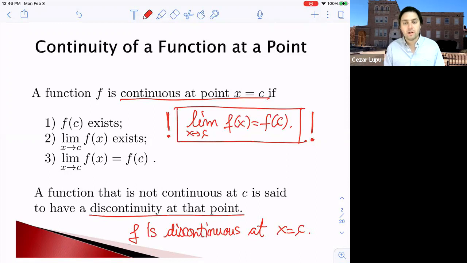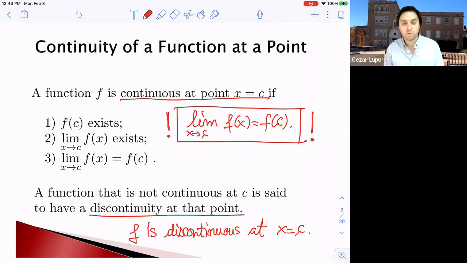So once again, for example, if you want to prove continuity over an entire interval, you're not going to take every point. You just take an arbitrary point from that interval or from the domain, whatever the domain is. You take the limit as x approaches that point of f of x, and if the limit agrees with the value, then you can say it's continuous at that point.